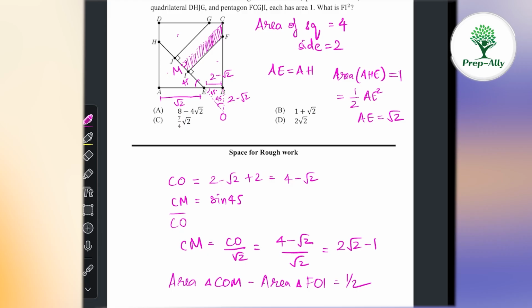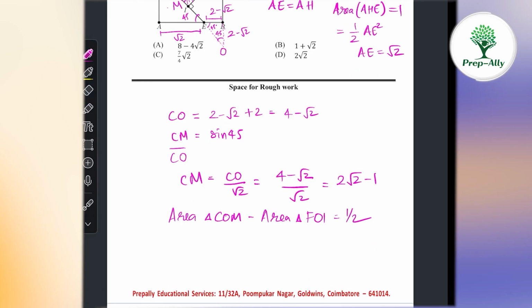Now, what is the area of triangle COM? It's half into CM into OM, both of which are equal. So half into CM squared, minus area of triangle FOI, that is half into FI into IO, which are both equal.